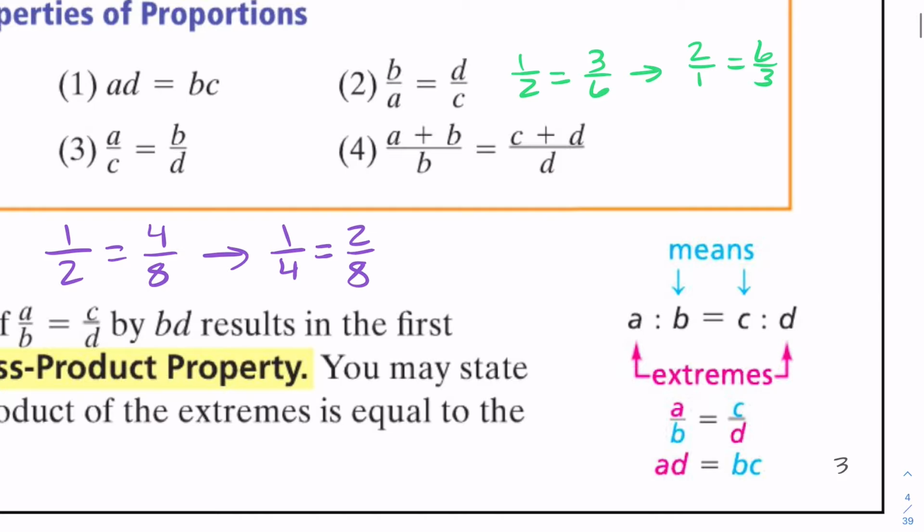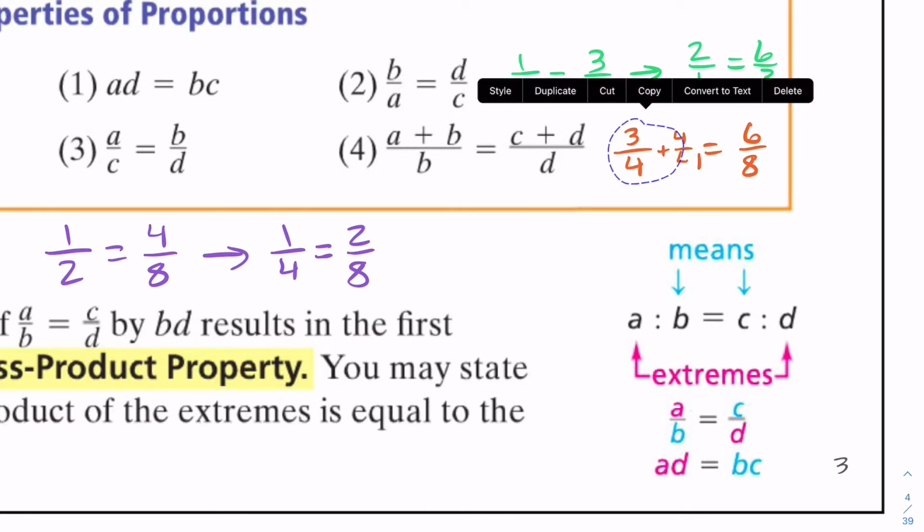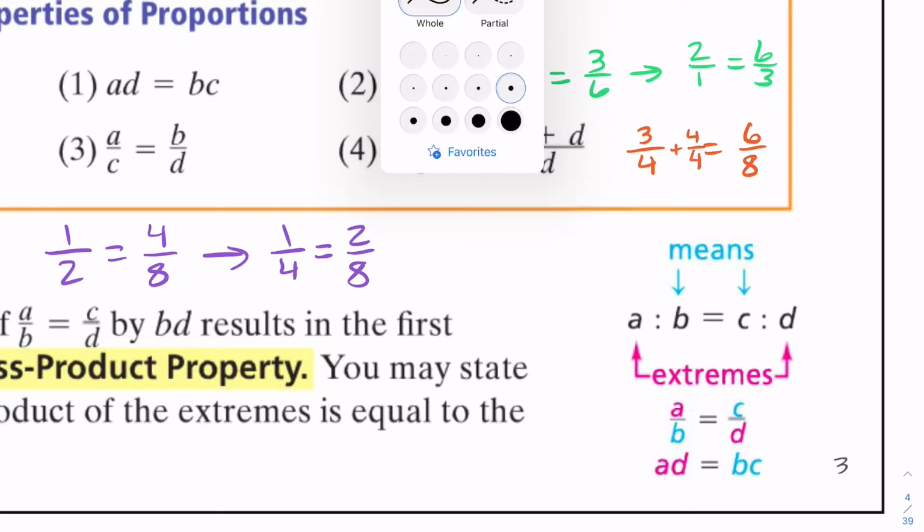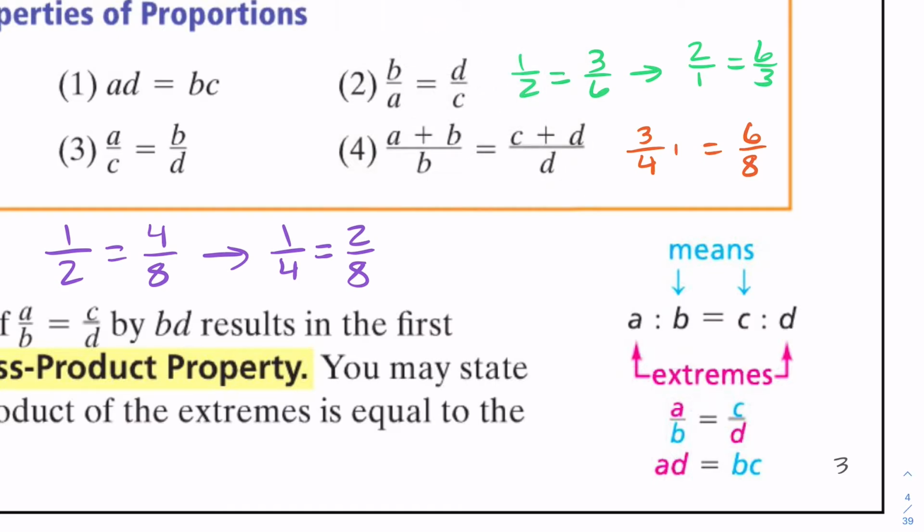It's nothing crazy here. Like if I have 3/4 and 6/8, I'm allowed to add 4/4. I didn't really space that out well enough. Okay, not what I wanted. Let's try that again.